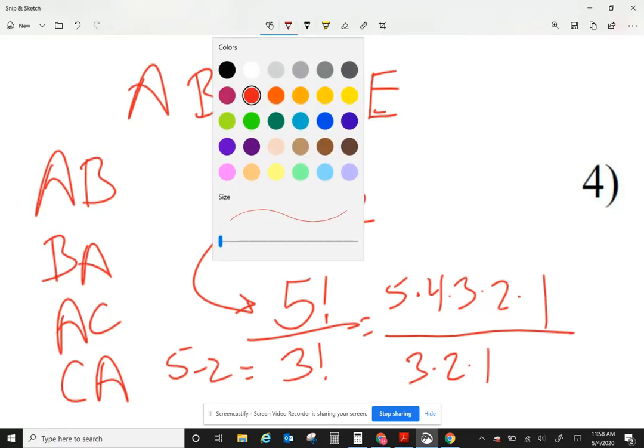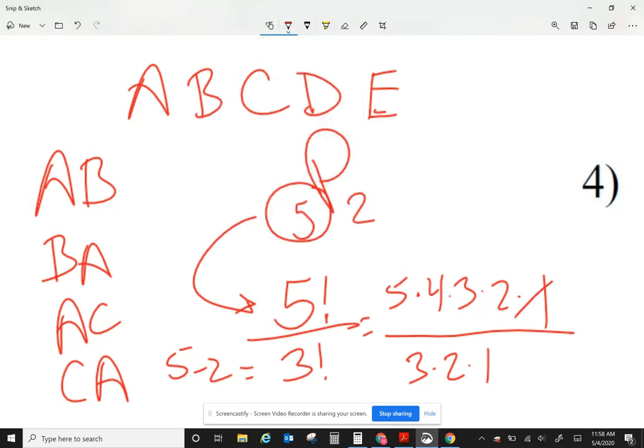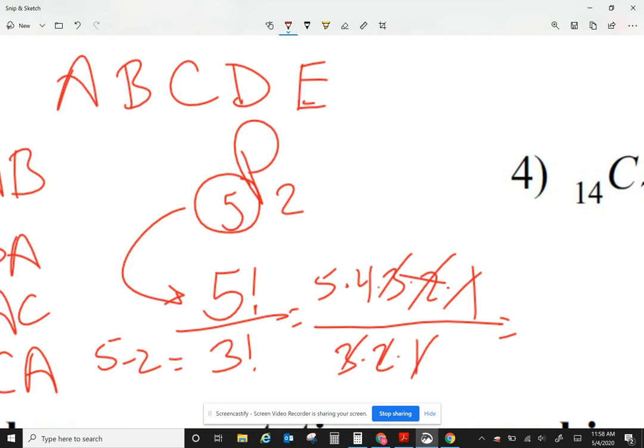Now you might even say, well, the ones from the top and the bottom cancel out. The 2's cancel out. The 3's cancel out. Good. So I just have 5 times 4, that will give me 20.